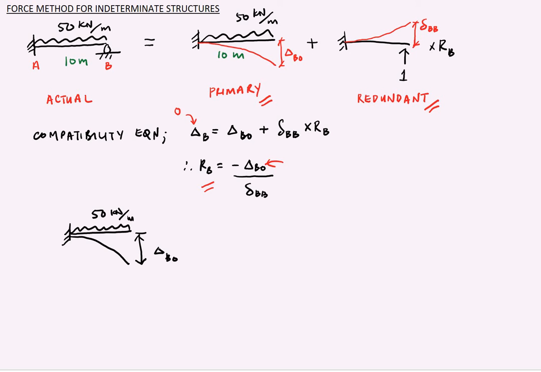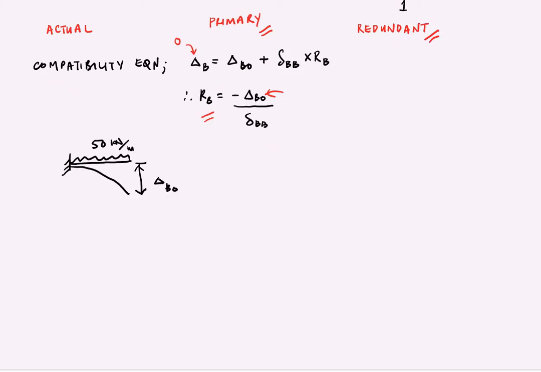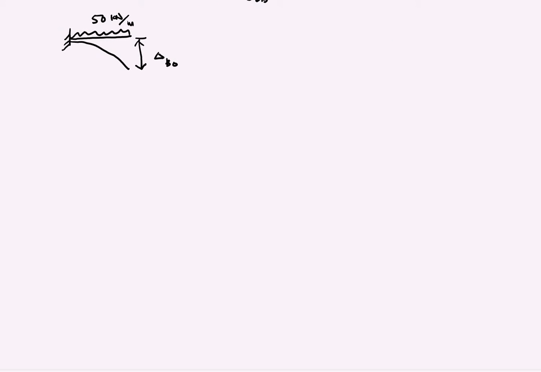So what we are going to do is use our principal virtual work method. In order to find delta B naught, what we need is another system, which is our virtual system, removing the load and applying a unit load at the point where we want to find the displacement. And the value is 1.